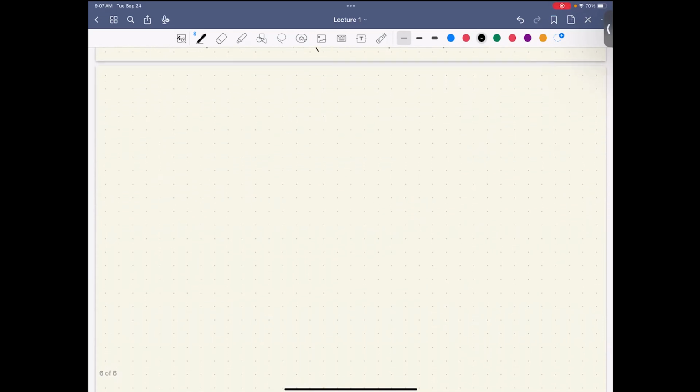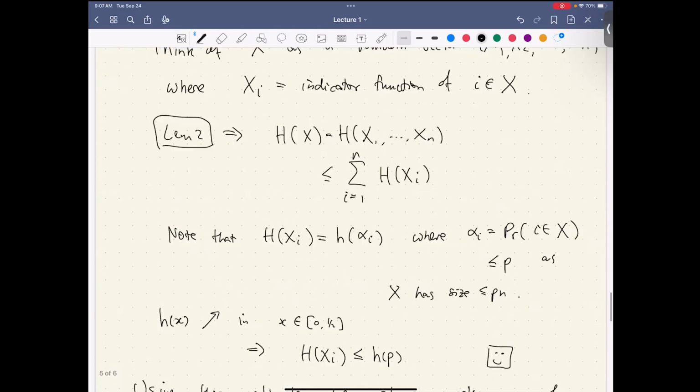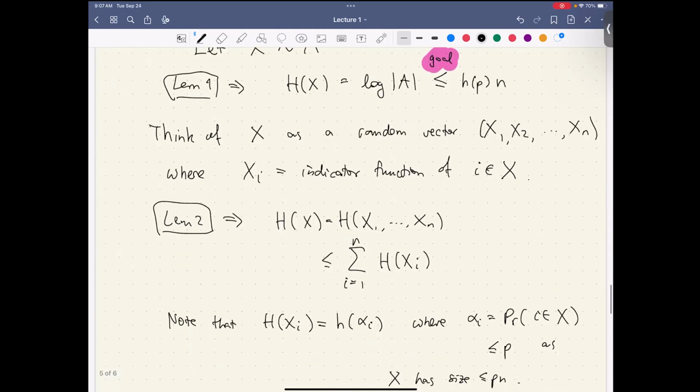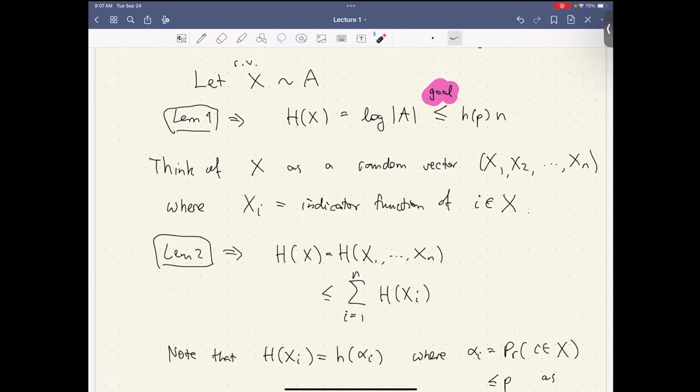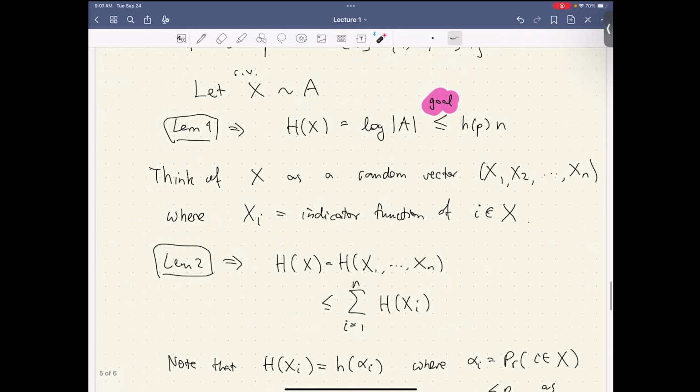Now let's come back to entropy. Here is just a quick application to see two very simple lemmas, where one lemma is that when you uniformly randomly sample a random variable, the cardinality of this set is linked to the entropy by definition. The second one is subadditivity, which is also intuitive.